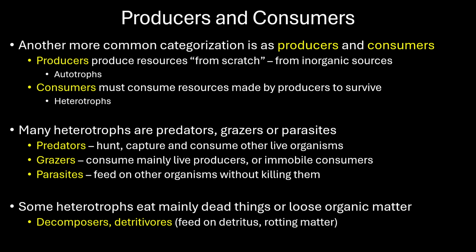Maybe we're talking about particulate from an organism like shed skin, or when an organism dies and is torn apart by a predator, the bits and pieces that remain. These loose organic materials can become food to decomposers and detritivores, right? Decomposers and detritivores feed mainly on detritus or rotting matter. That's what a detritivore is, okay? A decomposer will usually eat mostly a dead, recently dead, or not so recently dead organism, right?